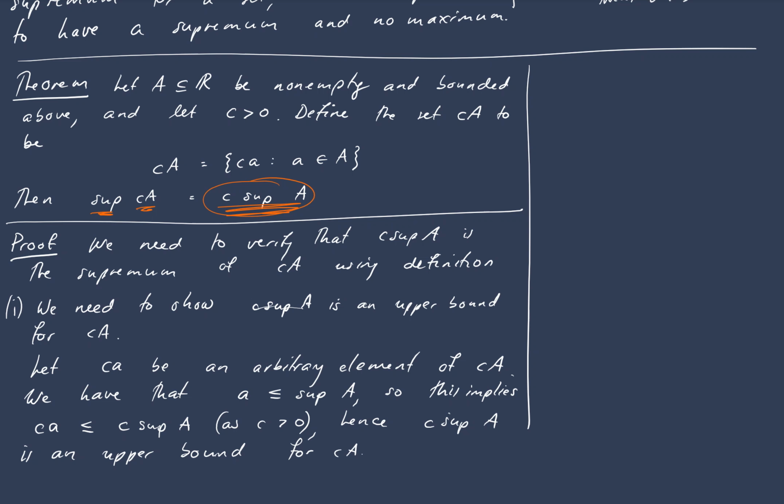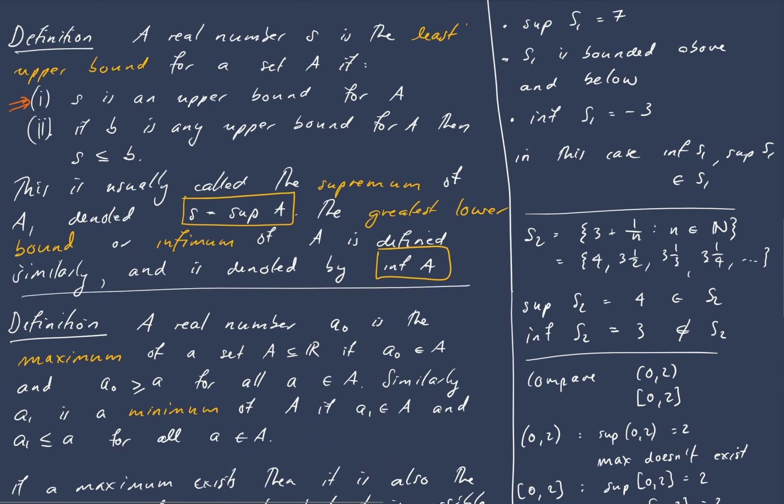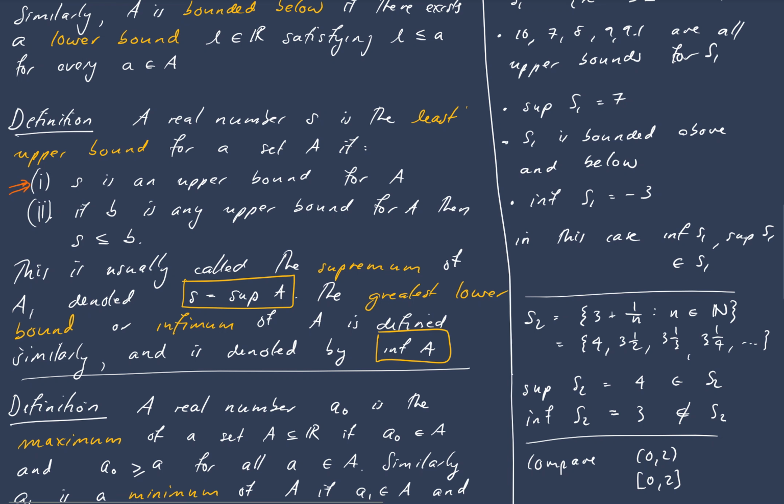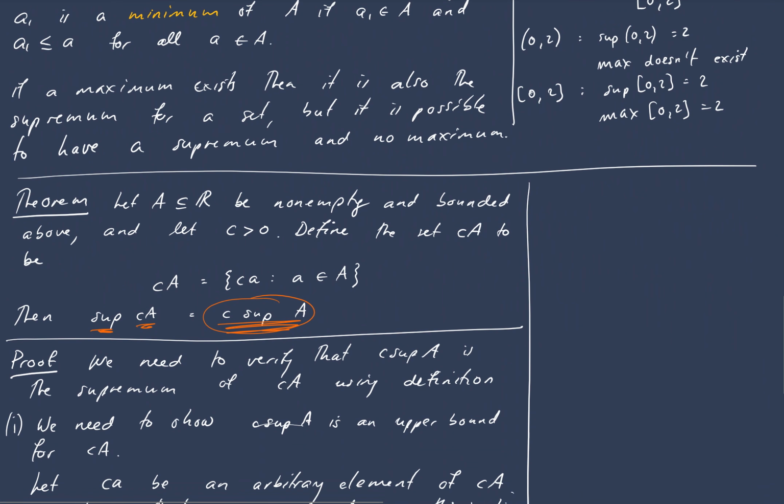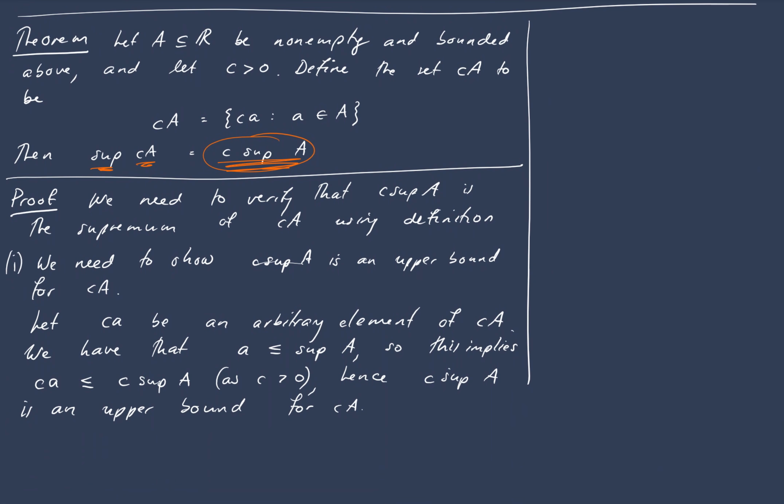Okay, so we've verified part 1 of the theorem. Now I'm going to scroll up and look and see what part 2 was, and see if we can now verify part 2. So again, we'll scroll up to our definition, and we see that part 2 says that if B is any upper bound for A, then our supremum candidate has to be less than or equal to that upper bound. So we need to show that c sup A is less than or equal to any other upper bound.